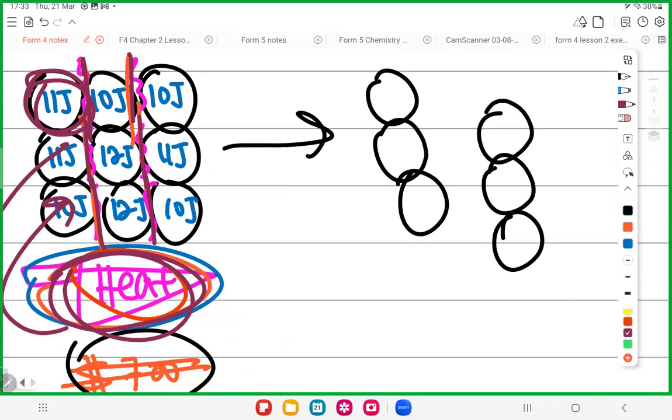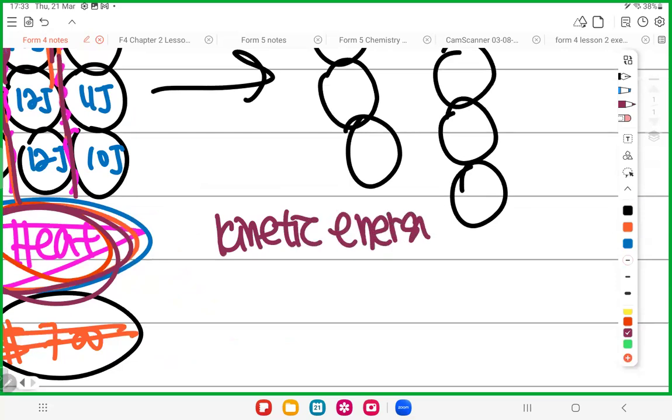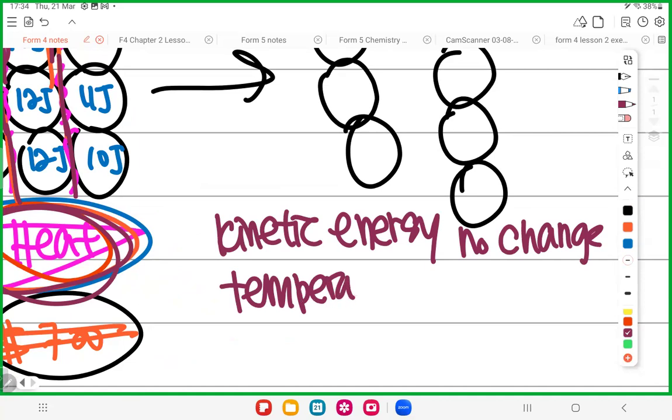When the kinetic energy is the same, the temperature will stay the same. Because kinetic energy and temperature are siblings, or we call them twins. So when kinetic energy has no change, you can expect the temperature also has no change. That is what I want you to know.